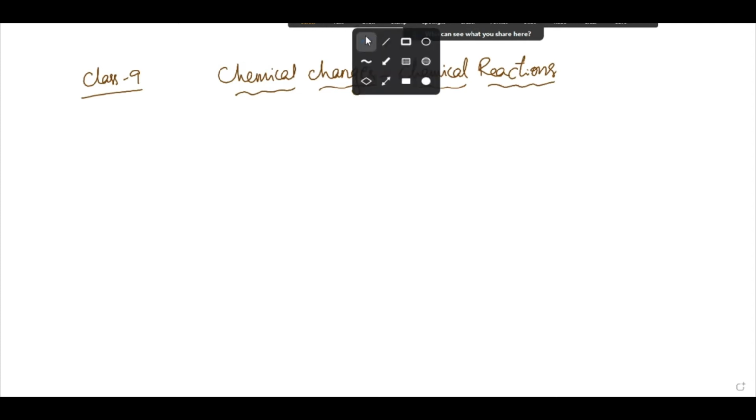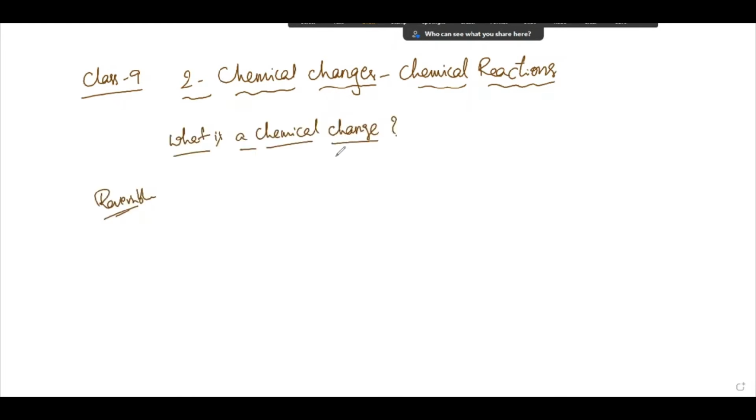Okay, this is the second chapter, chapter 2, chemical changes and chemical reactions. So chemical change means, if you take a substance A, because of some external cause, what happens if this A becomes some new substance B?